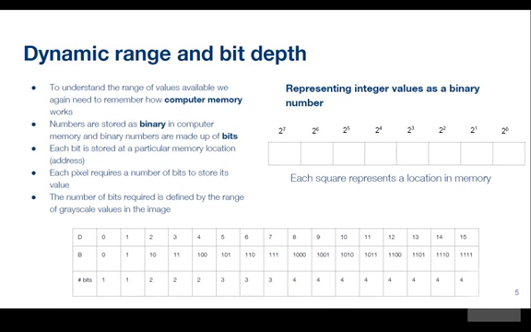Hopefully you're all familiar with the binary number system. We can represent any decimal number in binary, and that's what I've tried to do here for numbers 1 to 15. The decimal number 0 has binary representation 0. 1 is 1.